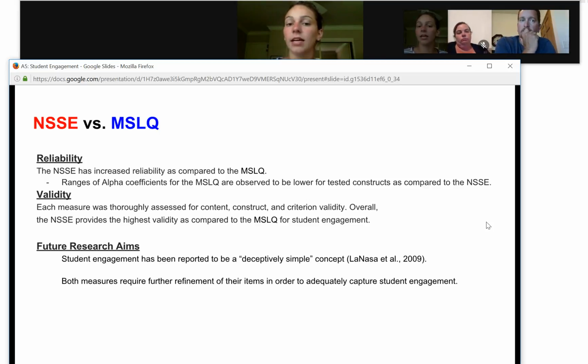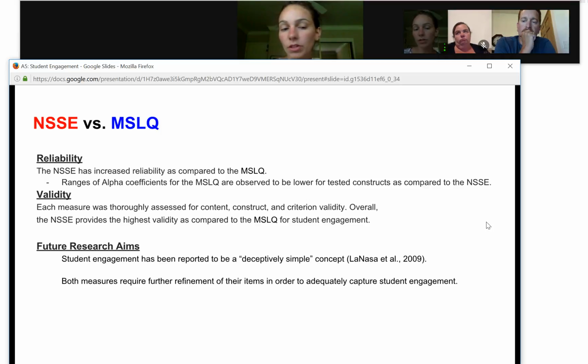So for a comparison of the NSSE and the MSLQ in regard to reliability and validity, there was a well-established line of research considering the mass administration of these tests. For reliability, it was shown that the NSSE has increased reliability as compared to the MSLQ, with the alpha coefficients for the MSLQ observed to be lower for the evaluation of the constructs as compared to the NSSE.